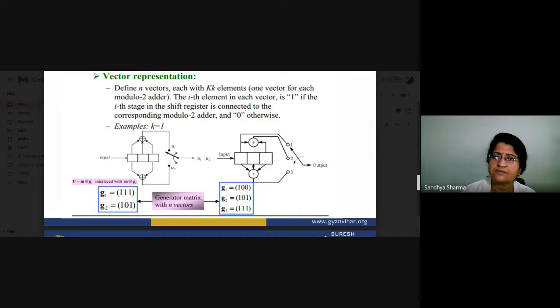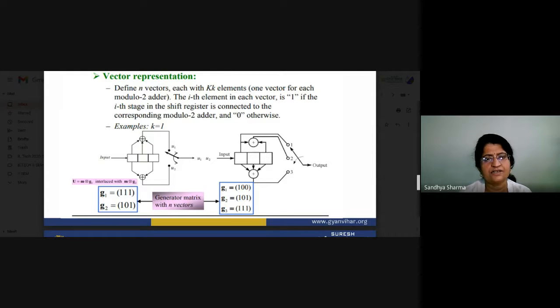Suppose you define your outputs as G1 and G2. G1 is the addition of all three flip flops of our encoder, so that is 111, and G2 is the addition of the first and last bit, so that is 101.